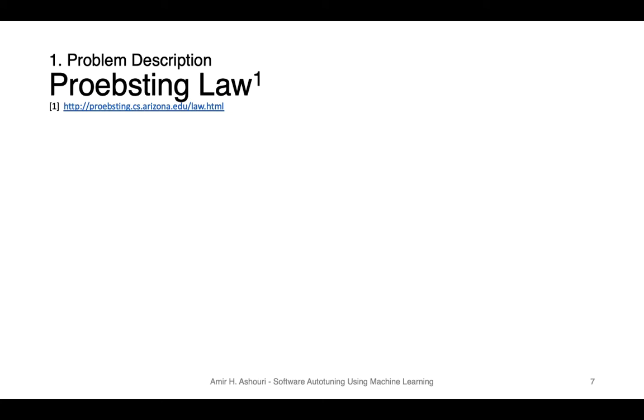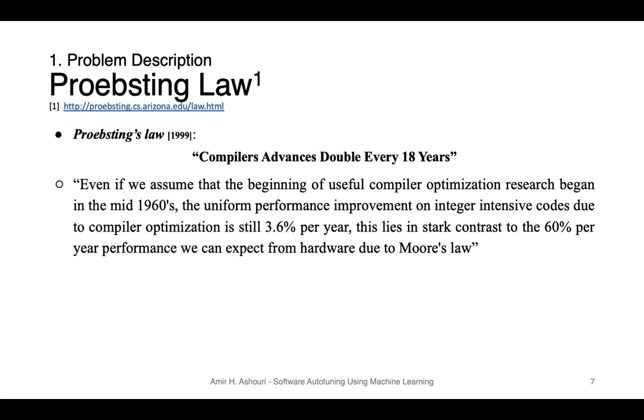So there's a lesser known law called Proebsting's law. It was introduced by a professor at the University of Arizona with the same name. And he was basically saying that compiler advances double every 18 years. So this is a huge gap between the compilers, which are the working module that connects both the hardware and software here. He basically ran a small experiment. He had a small code he compiled with and without the optimizations of a cutting-edge compiler.